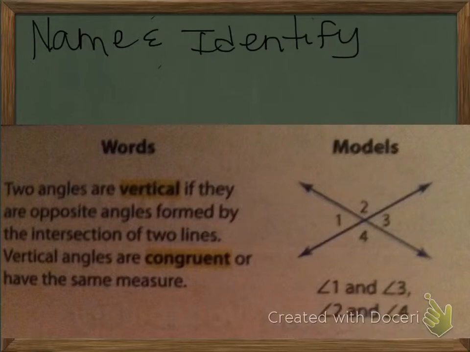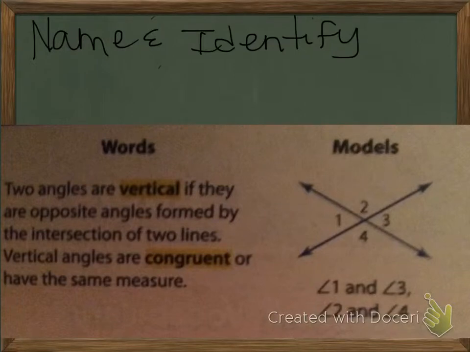So I have two lines intersecting each other. It kind of looks like a road. A lot of questions will have roads, and you have to find the angle measures. But anytime they are opposite from each other, they are congruent to each other. And congruent means that they have the same measure.